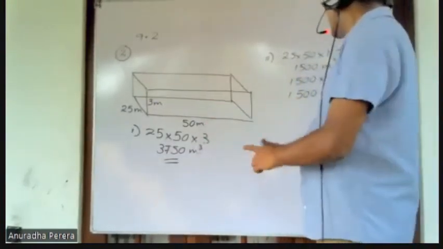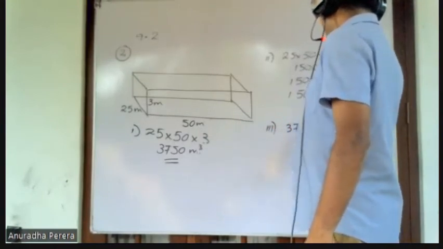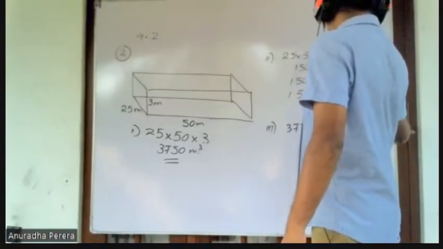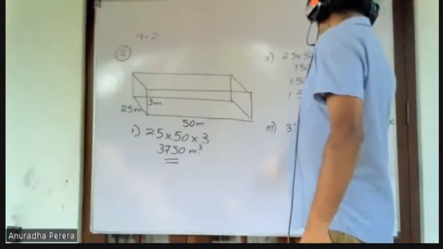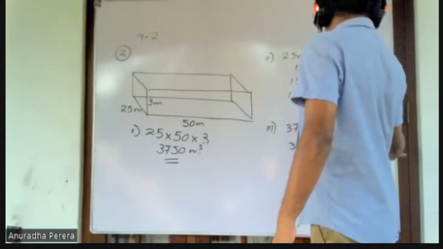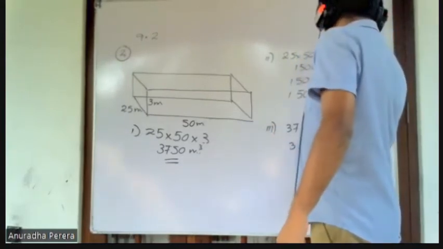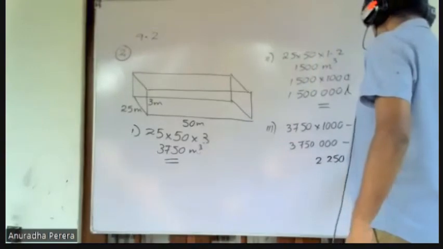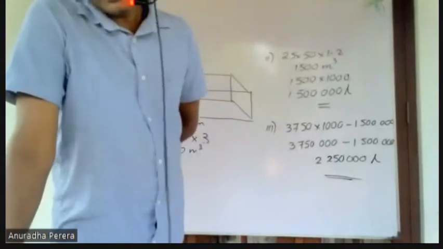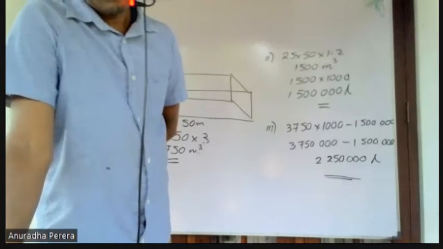This can be converted into liters; if you multiply it by 1,000, then subtract 1,500,000 from it. This is the answer: 2,250,000.